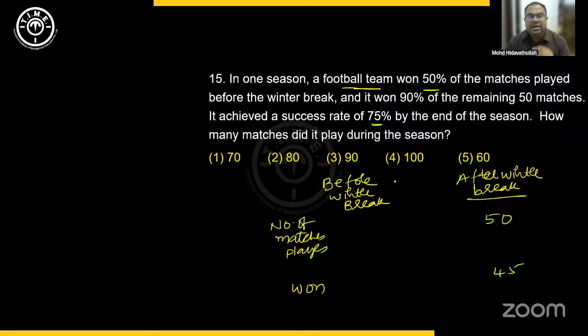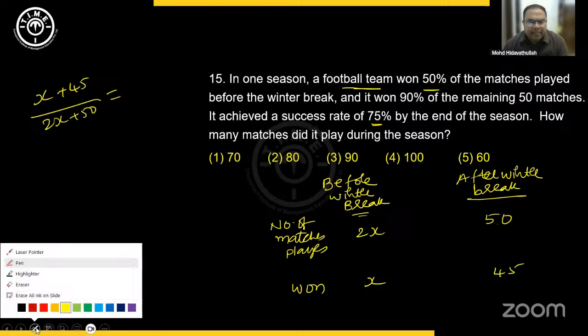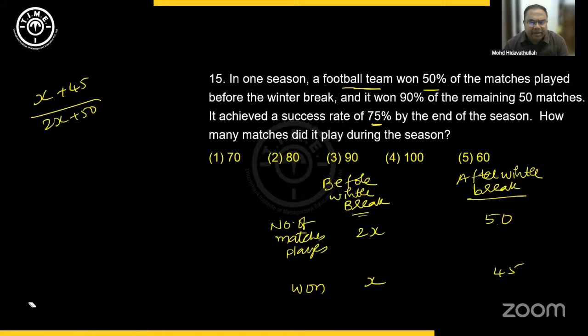Overall 75% strike rate. So before the winter break, let us say it played 2x. You can take x also, I'll get x by 2. I'm taking 2x, so the number of matches won is x. So matches won x plus 45. Total matches 2x plus 50. Right? Into 100, percentage I'm calculating, winning percentage.